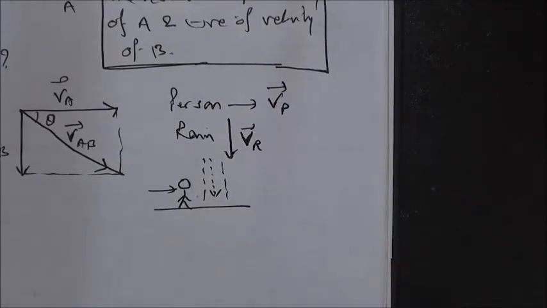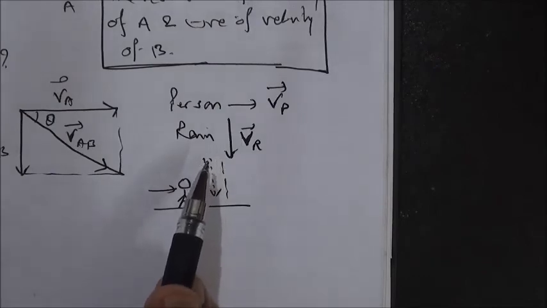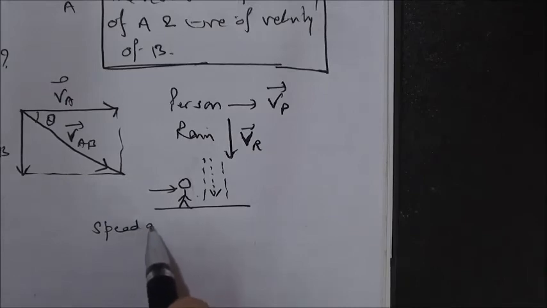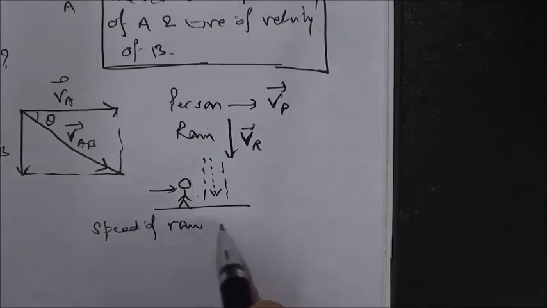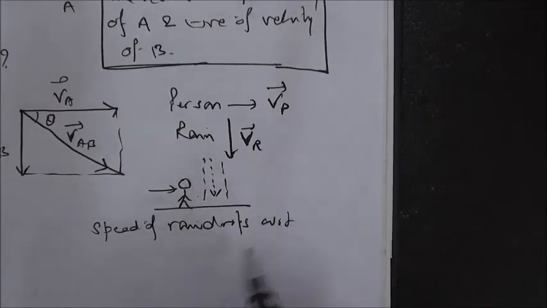So what do we need actually? How should he hold his umbrella means in whatever direction raindrops appear to come down, he will hold the umbrella in that direction. So we need the velocity of raindrops, and the direction also, with respect to the moving person.